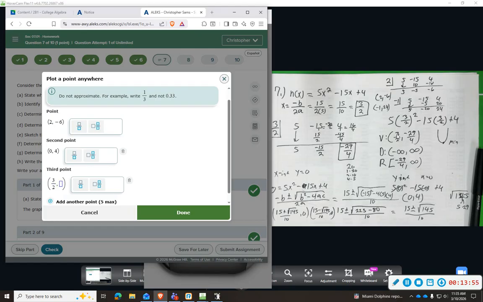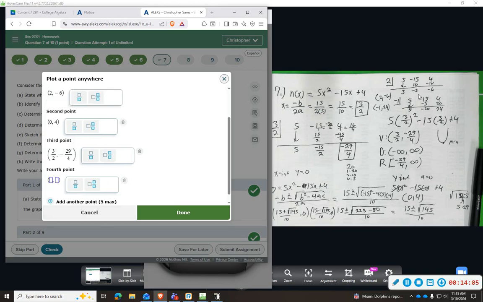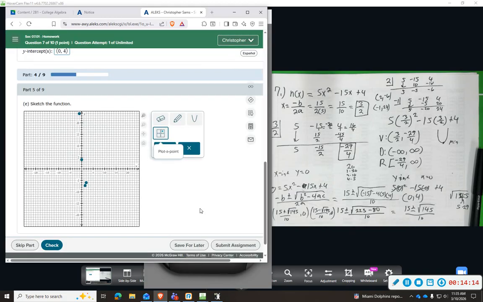And -29 divided by 4. I don't need the other one. I can add it, it won't change anything. If I add the other point we found, (-1, 24). Okay. So we have all those points on there.